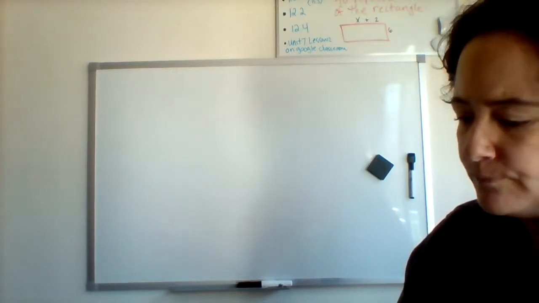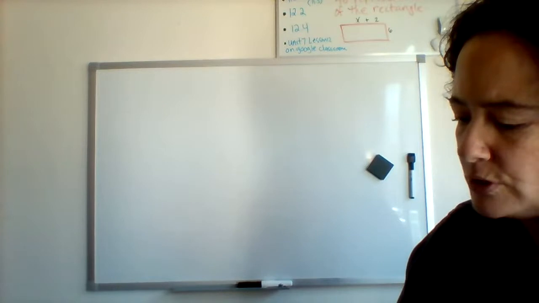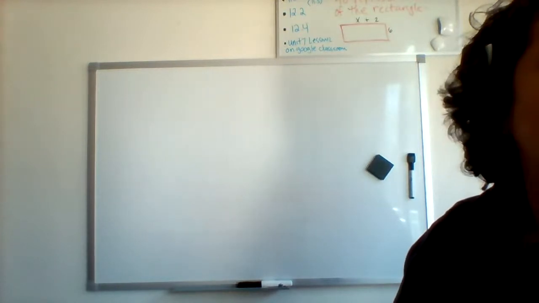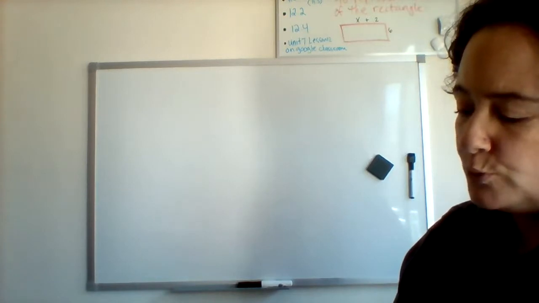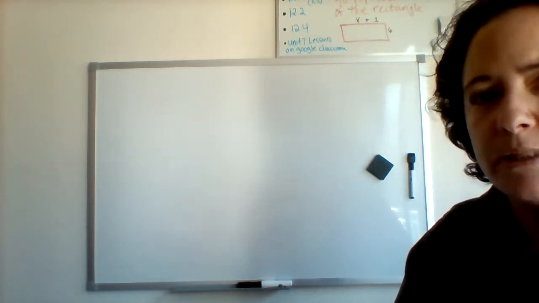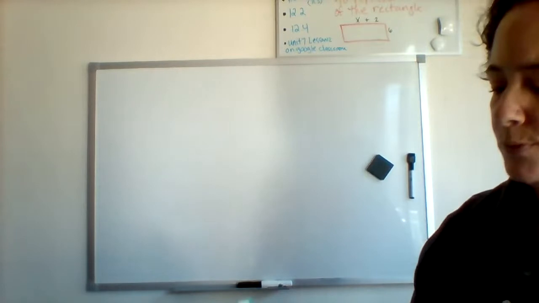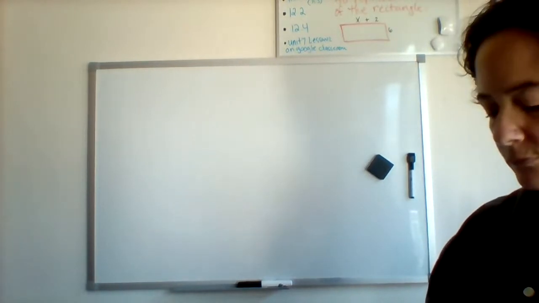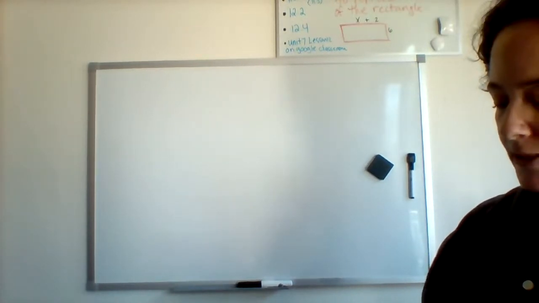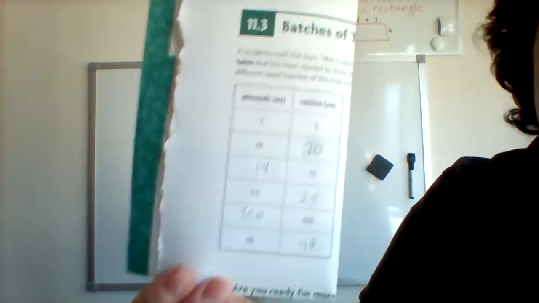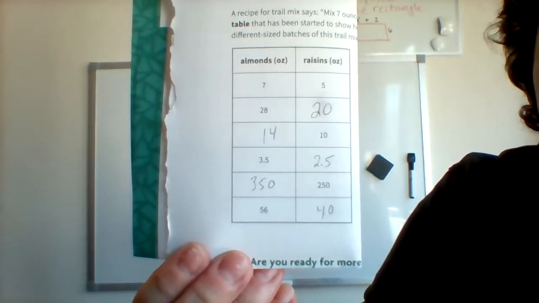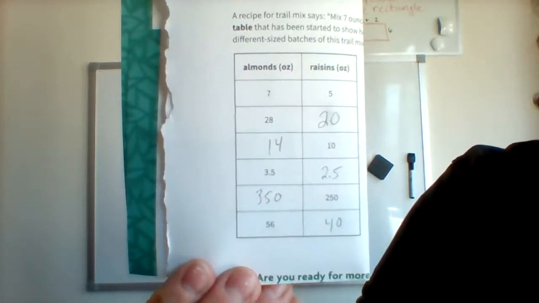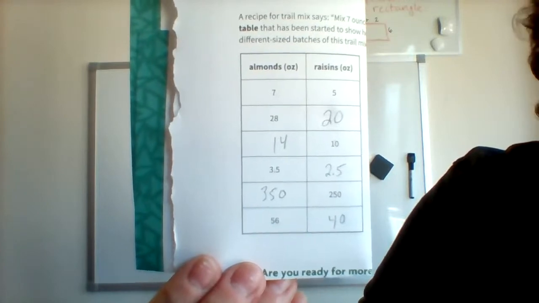Number 2 and 3. What methods did you use to fill in the table? So that's actually something where you put in your own words what you actually did. So I'll give you an example of something that I did when I first started. I might just say this: I looked at the 7 and the 5, which is what they gave me, and then I looked for a number that was easy to get to.